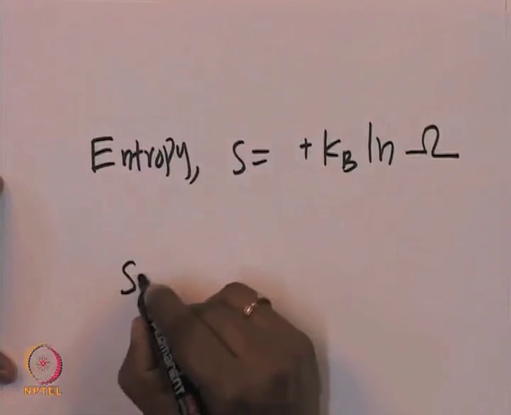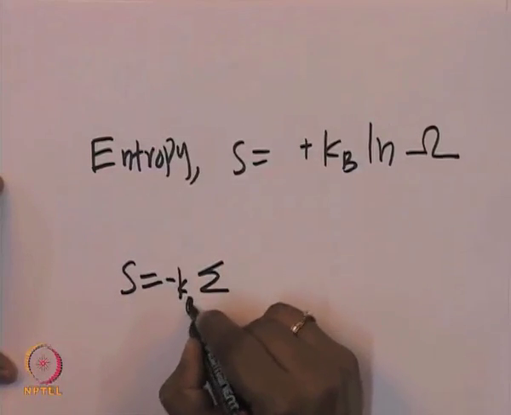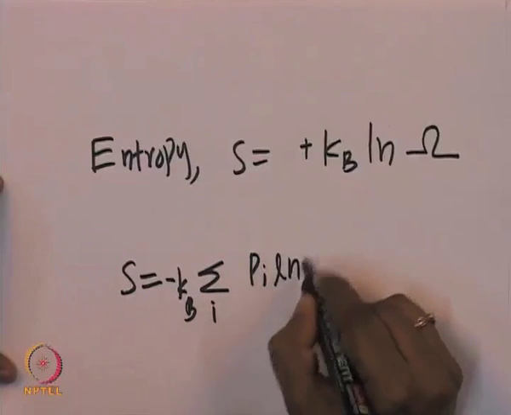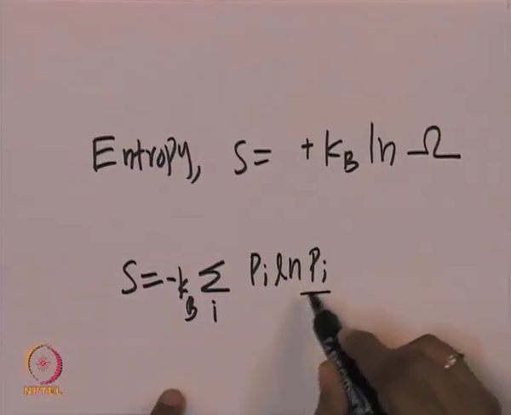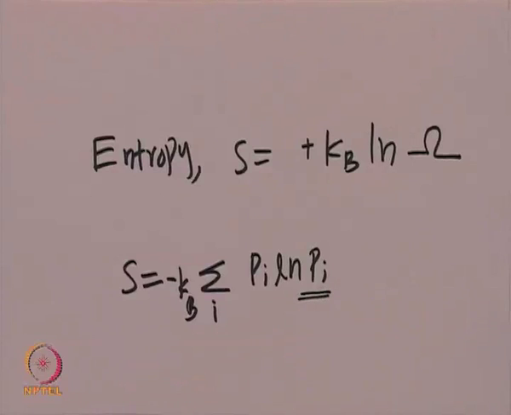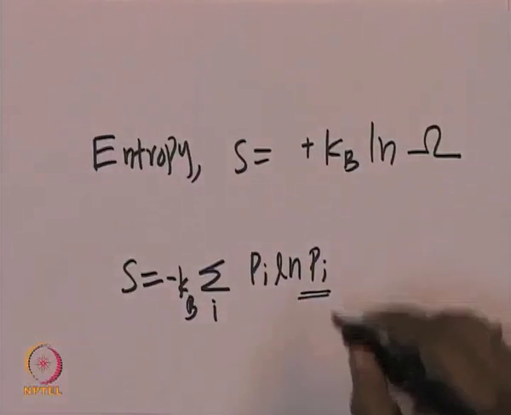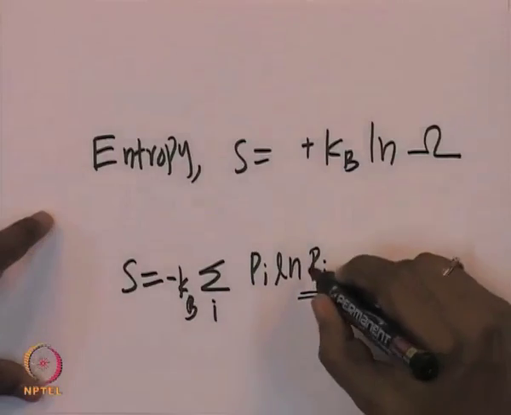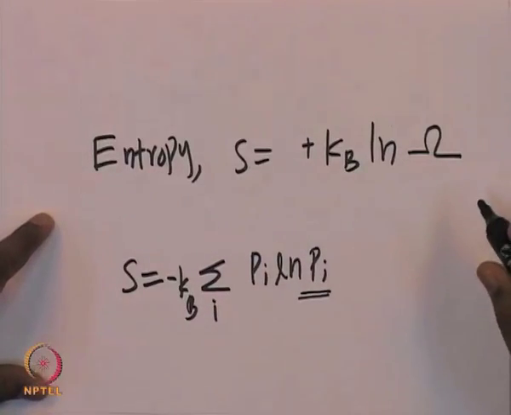Or we also wrote an expression, minus Kb sum over i of Pi log Pi, where Pi is the probability to be in a particular state i. Then you can ask the question, what is the probability to be in a particular state i? We will discuss this today, but if you know this or this, we can calculate entropy according to this formula.